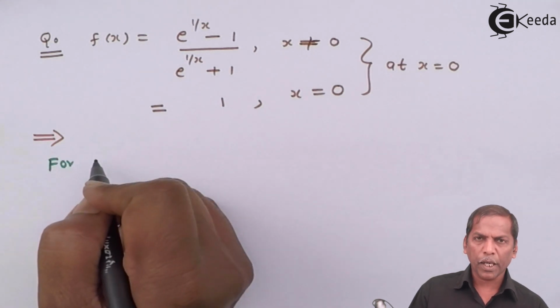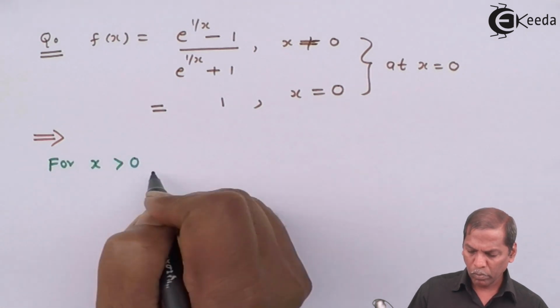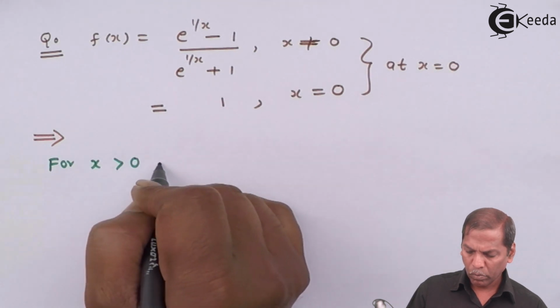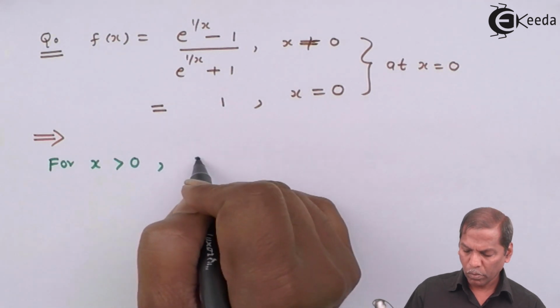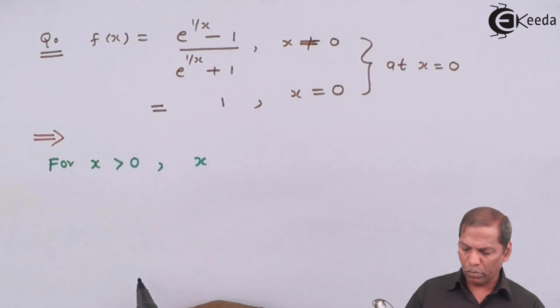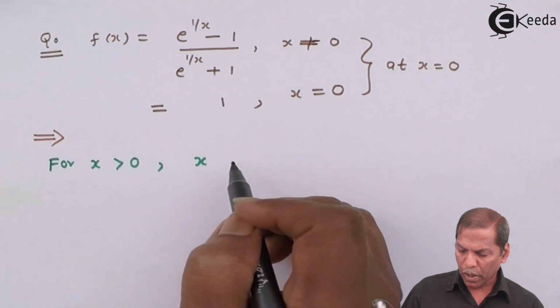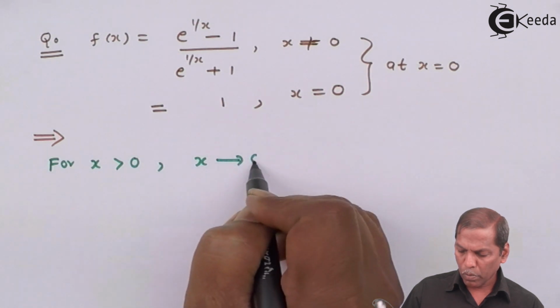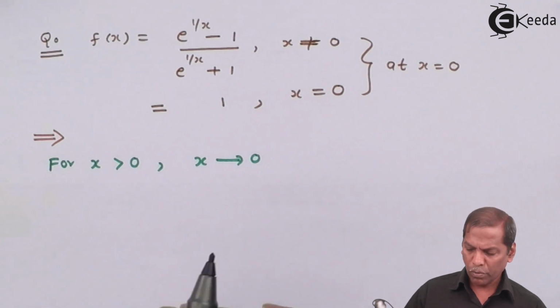So for x greater than 0, we have x tends to 0, or we can say x raised plus, that is, the right hand limit.